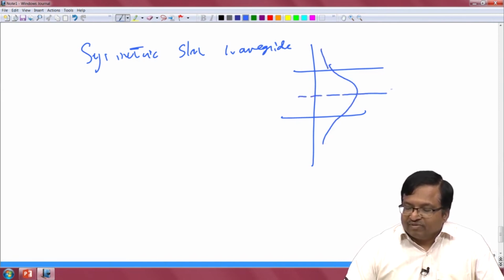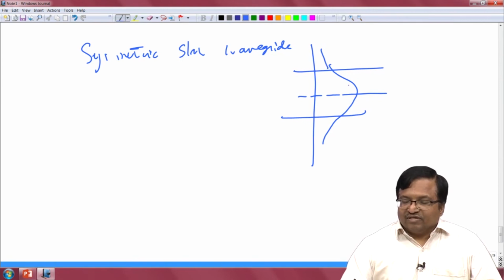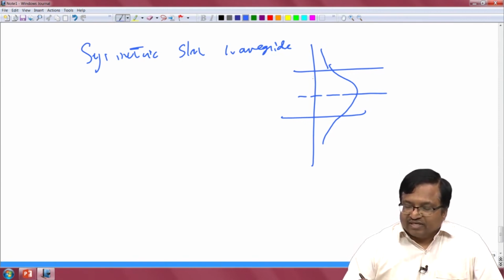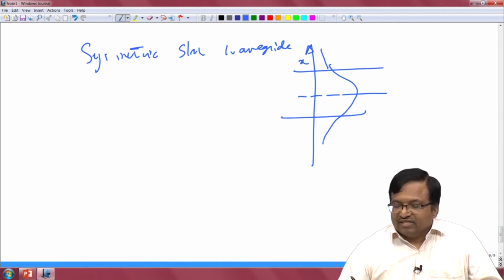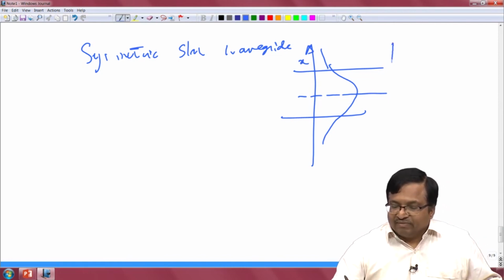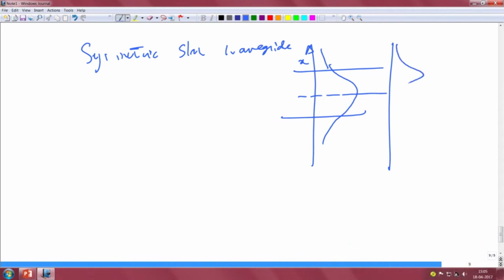From the symmetry of the geometry, we can expect that the field for x greater than 0 and x less than 0 are symmetric or antisymmetric. So, the field can be symmetric like this or antisymmetric like this, and it is enough if we solve the equations for x greater than 0.